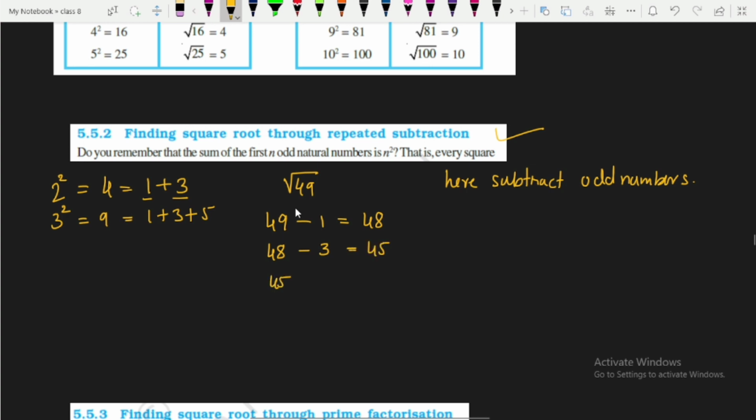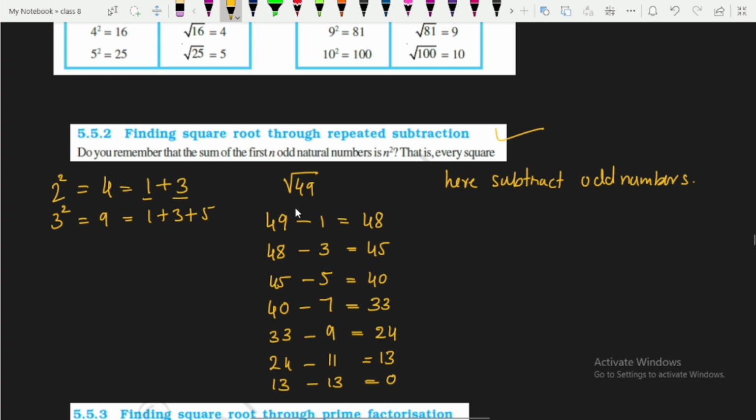Then 45 minus 5 is 40. 40 minus 7 is 33. 33 minus 9 is 24. 24 minus 11 is 13. The last step is 13 minus the next odd number, 13, and you get 0.